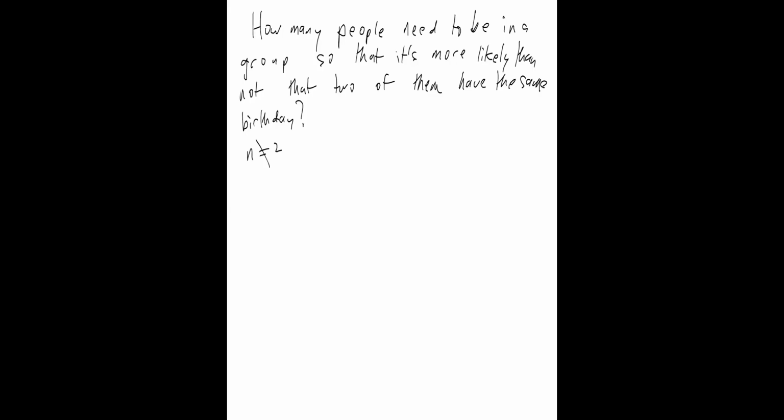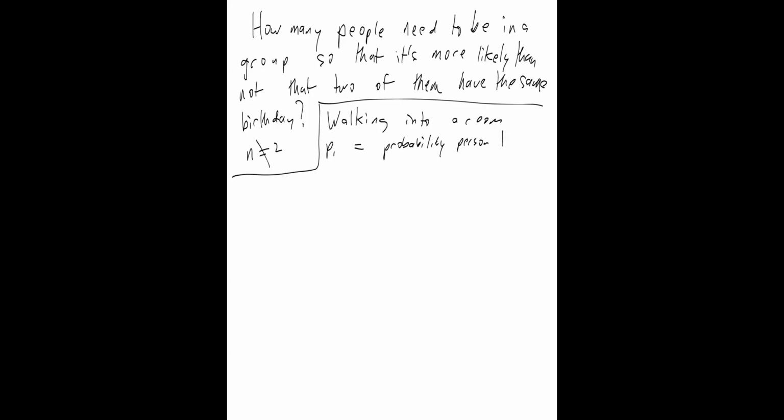So first of all, we're going to imagine people walking into a room. And we're going to let P1 be the probability that person one does not have the same birthday as anybody else who's already in the room.